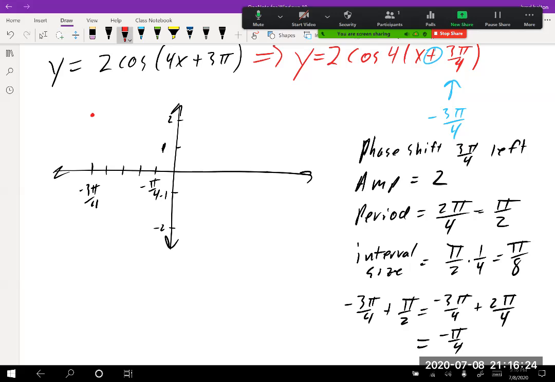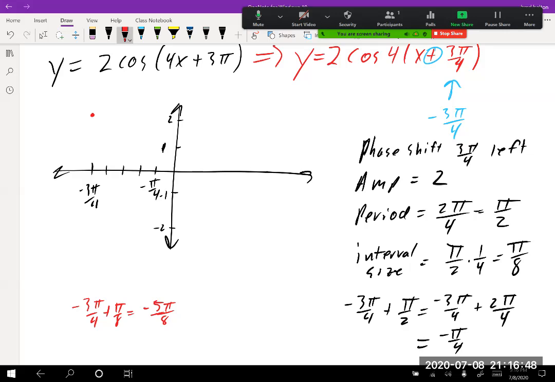Now I know the next value is going to be pi eighths bigger than negative 3 pi fourths. Some of this you might not be able to do in your head anymore, this is getting kind of out of hand. Negative 3 pi over 4 plus pi eighths, so that's actually negative 6 pi over 8 plus pi over 8, which is negative 5 pi over 8.